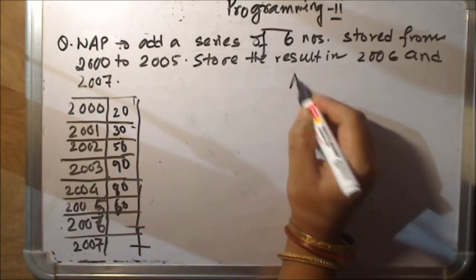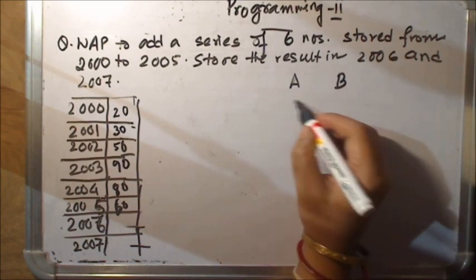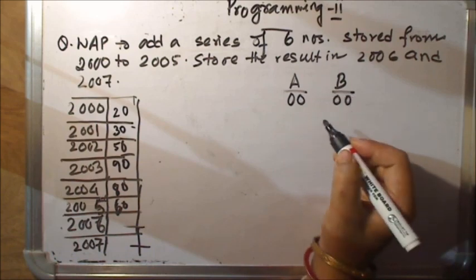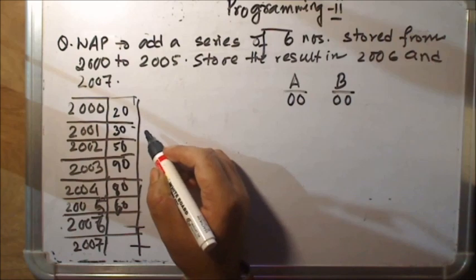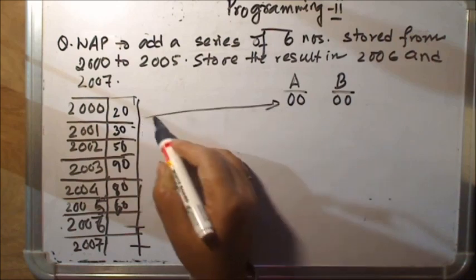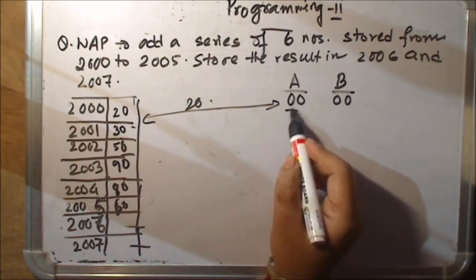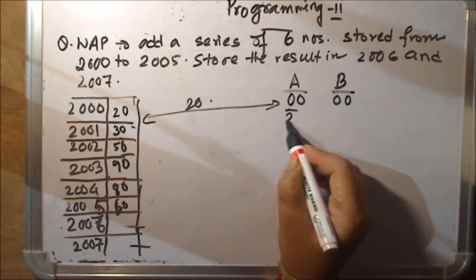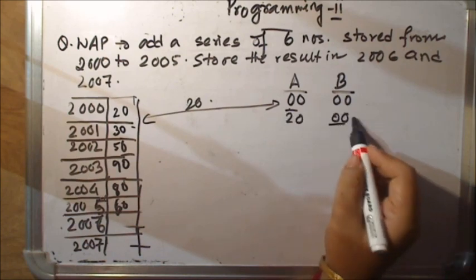This is our register A, this is our register B, both initialized with 00. Now our first number is 20. We add this number with 00H. The result is 20. Is there a carry? No, so we will not increment the carry register.